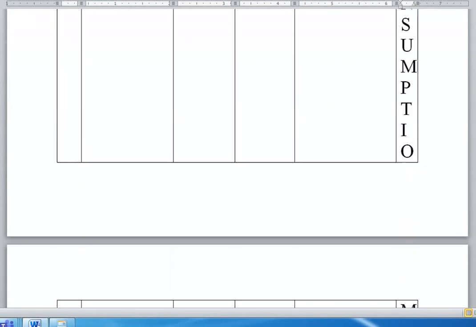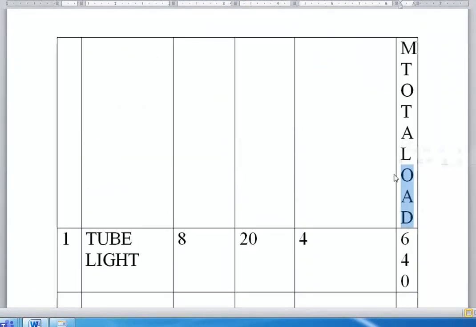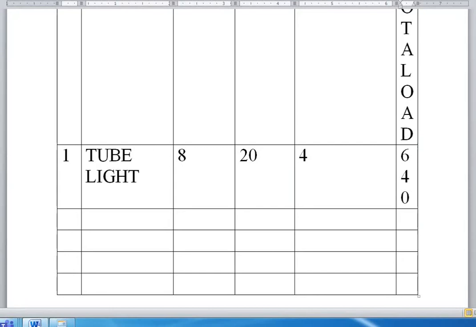That is important. 640 is the total load. What is the unit, sir? Unit is important. Unit is watts and hours. So item will not have any unit. 20 is watts, and 4 is hours. So this is watt into hours. Please remember, this is watt into hours.